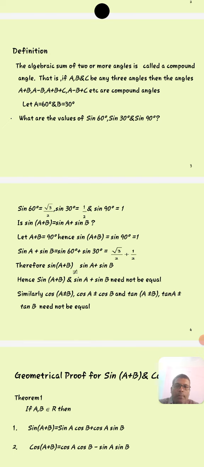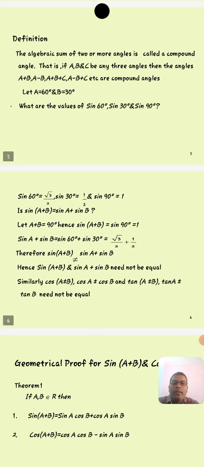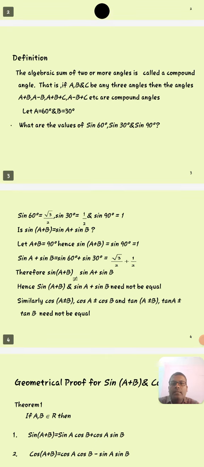Similarly, cos of A plus or minus B, and tan of A plus or minus B, need not equal cos A plus or minus cos B, and tan A plus or minus tan B. So using this condition, we say that cos of A plus B is not equal to cos A plus cos B, cos of A minus B is not equal to cos A minus cos B, tan of A plus B is not equal to tan A plus tan B, and tan of A minus B is not equal to tan A minus tan B. Now observe clearly: sin 60 value is root 3 by 2, sin 30 value is 1 by 2, sin 90 value is 1.